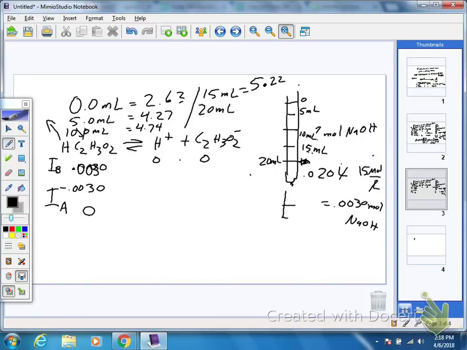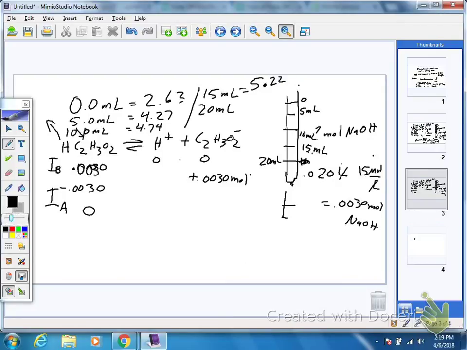But this was added, 0.003 moles. So we have 0.003 moles, but we don't have any acid. So no longer is it a buffered solution because there's no more acid. There's only the acetate ion.